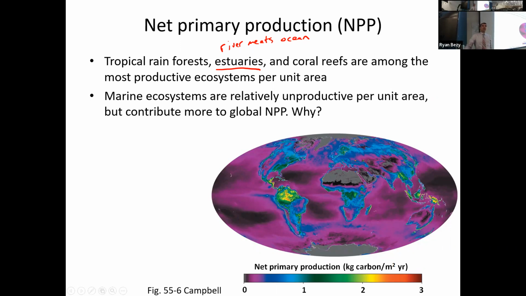Because there's just a lot of ocean. Remember, 70% of the Earth's surface is the ocean. So while it's not very productive per unit of area, there's so much area that it is still really important for total amount of production.